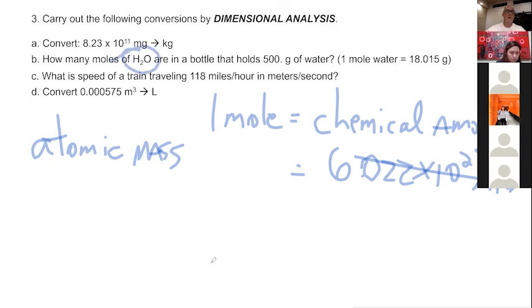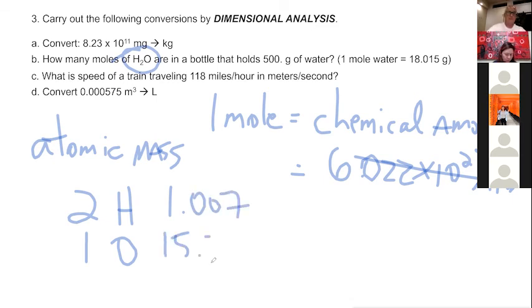So water has 2 hydrogens and 1 oxygen. The atomic mass of hydrogen is a little over 1. The atomic mass of oxygen is a little less than 16.